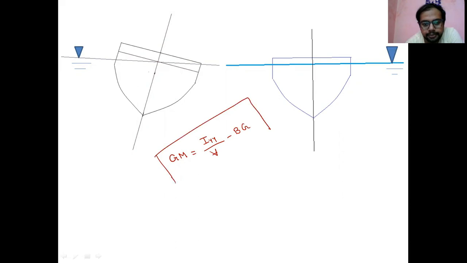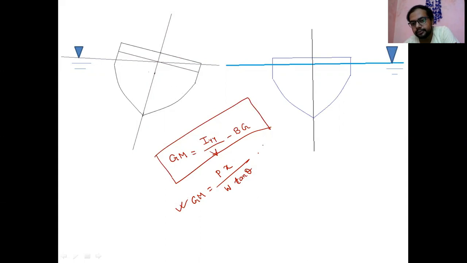Most of the expressions come from here. Another expression for the metacentric height comes from the loose weight, displaced by x, where W is the total weight of the ship floating, into tan theta. This is coming from the experimental view.